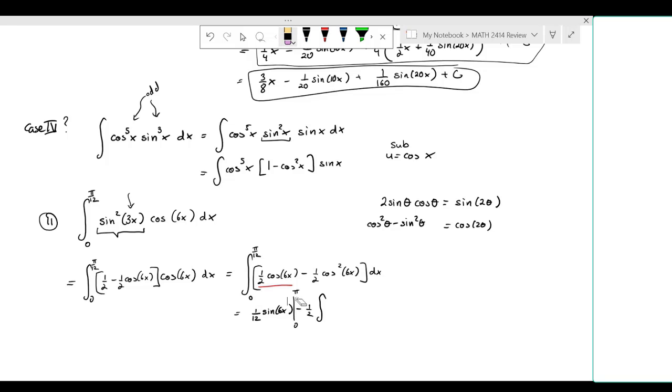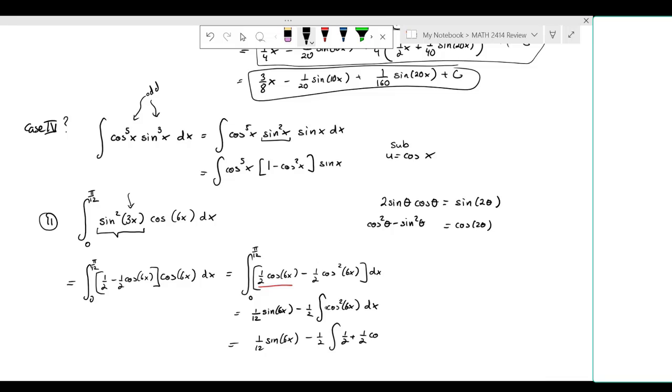Let me just save the bounds of integration for later. So yeah, for the second integral, you have to use the power reducing identity. And so this is actually a pretty cool problem. This time it's for cosine squared.